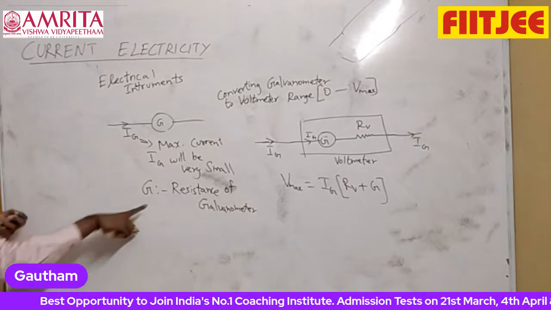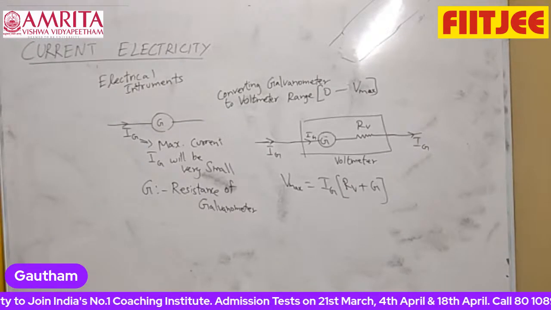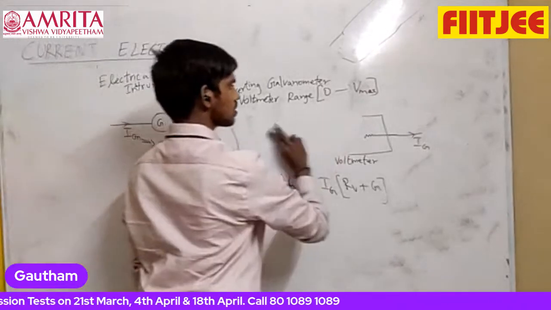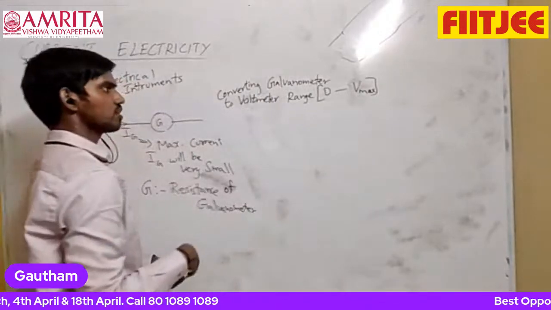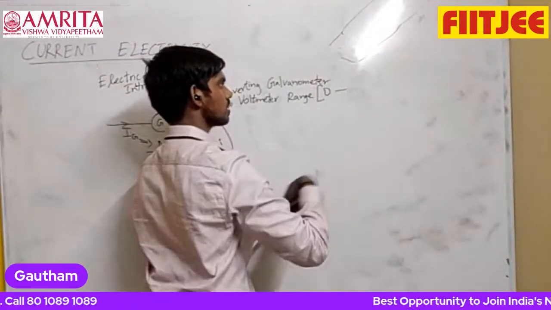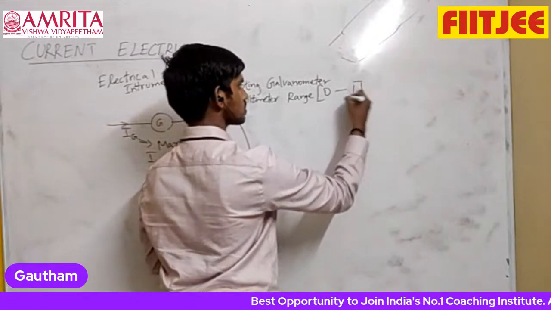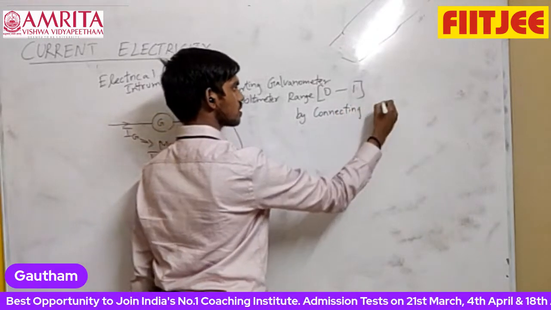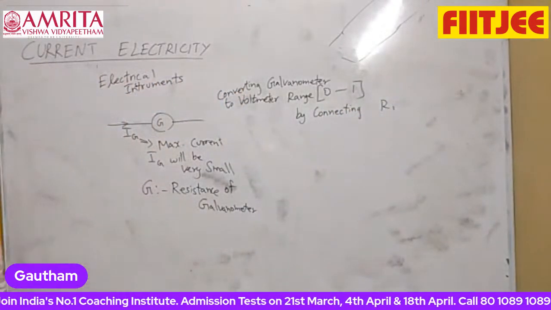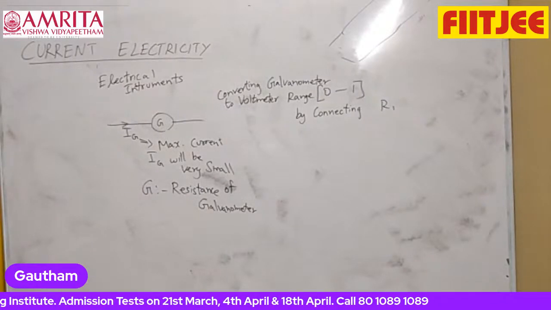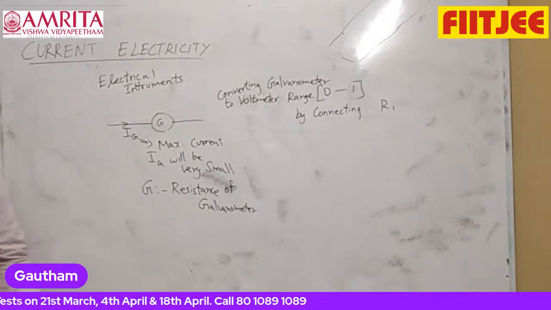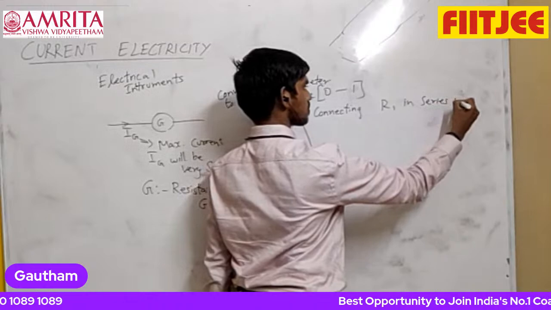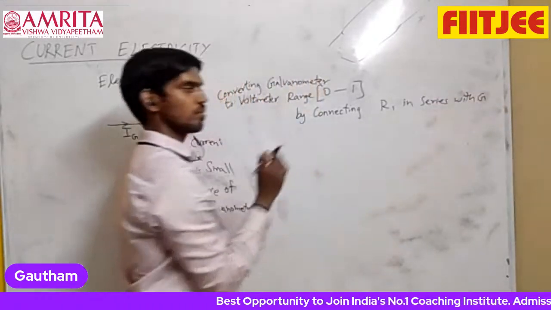It was given that a galvanometer of resistance G is converted into a voltmeter of range 0 to 1 volt by connecting another resistor R1 in series with the galvanometer. Right, this information is given.